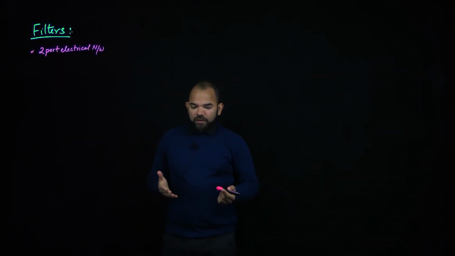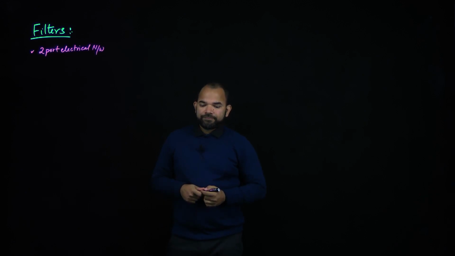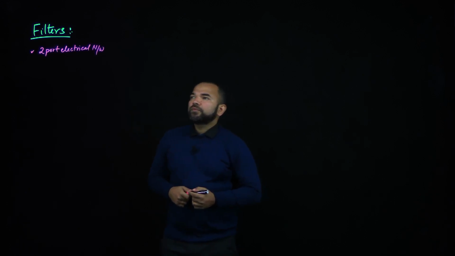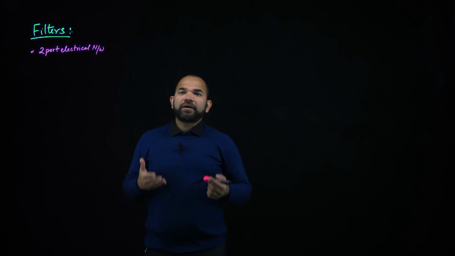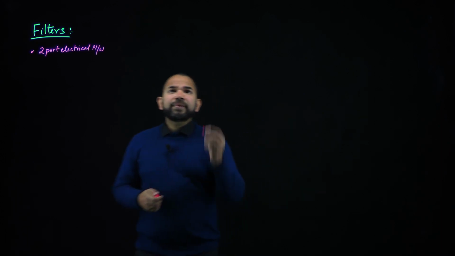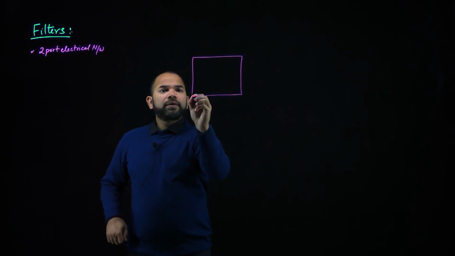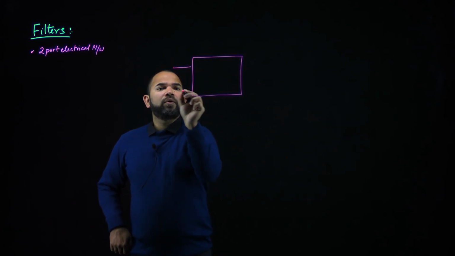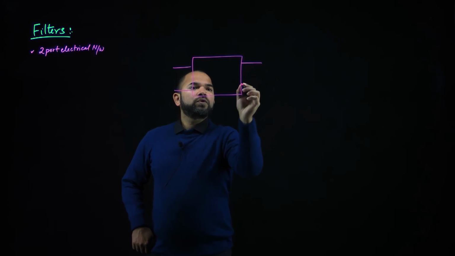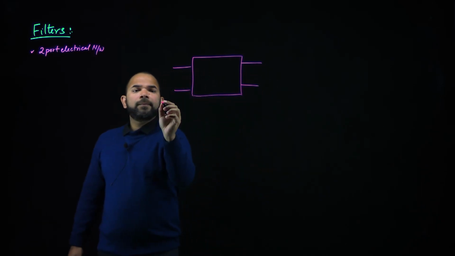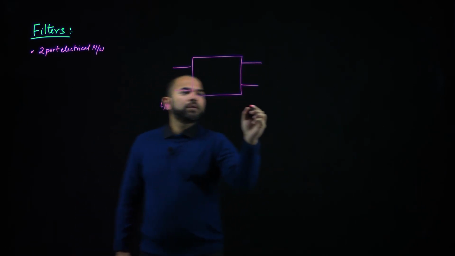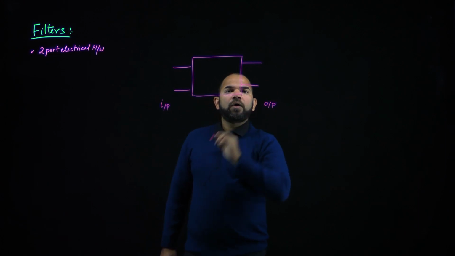We have seen a filter as a two-port network. In electrical systems, we have analyzed two-port networks in various forms. The simplest two-port network is represented as a black box. Say this is our input port and this is our output port.